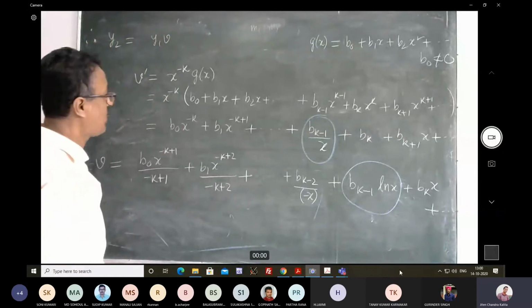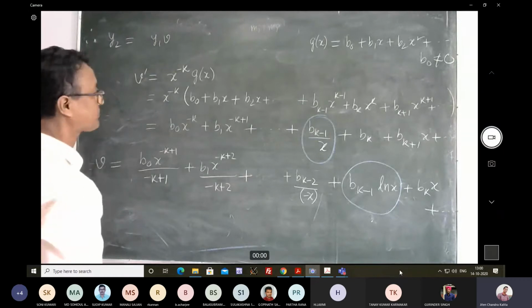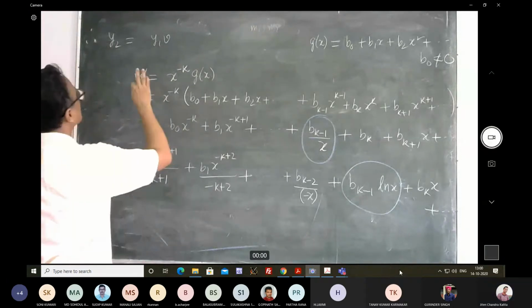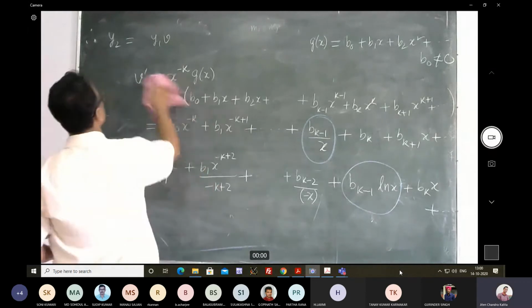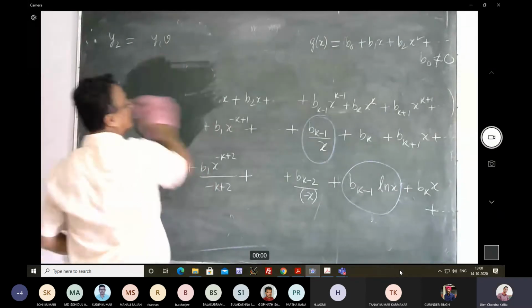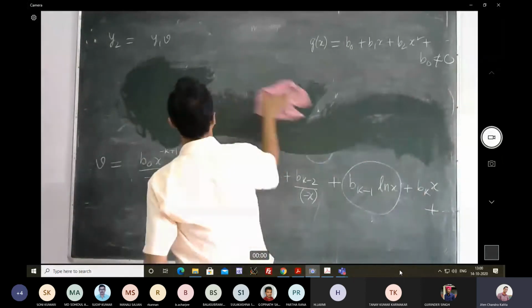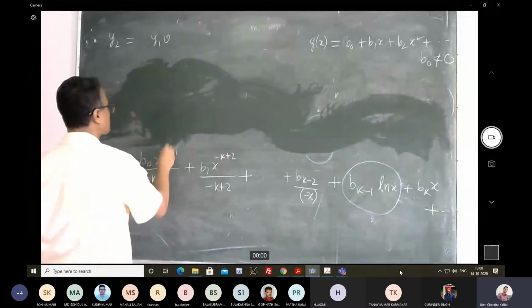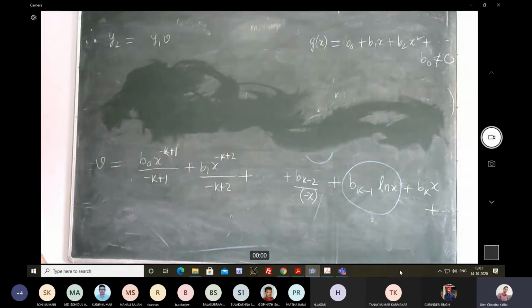So, if I multiply it by y1, what I'm going to do here, see, don't worry, everything we are going to do systematically.